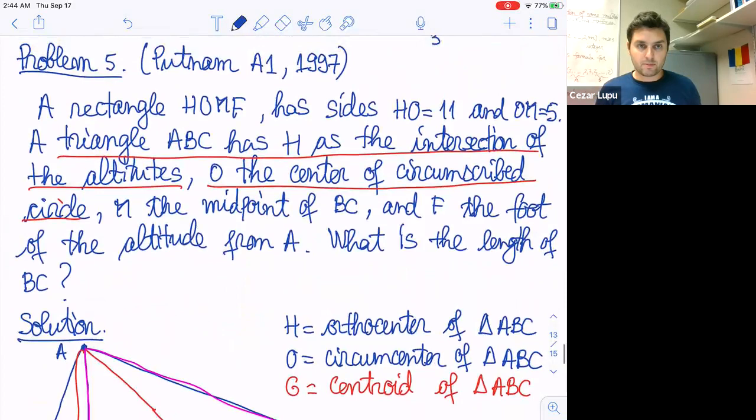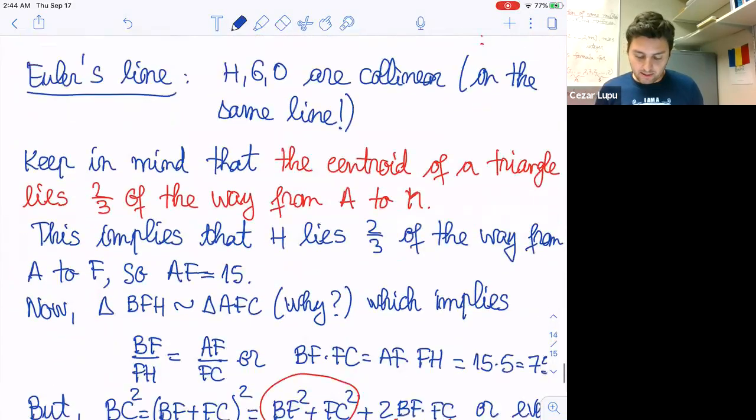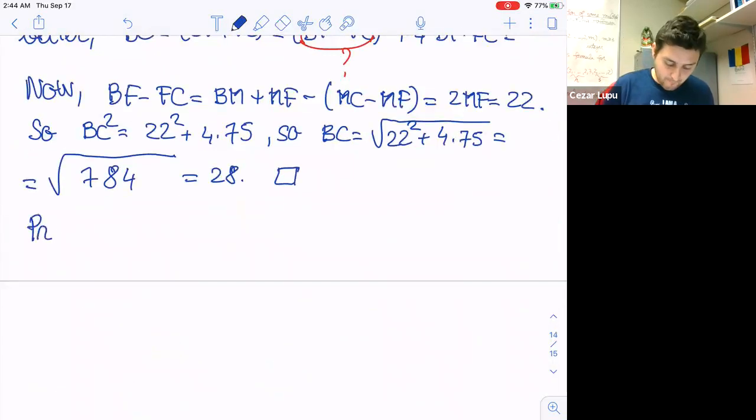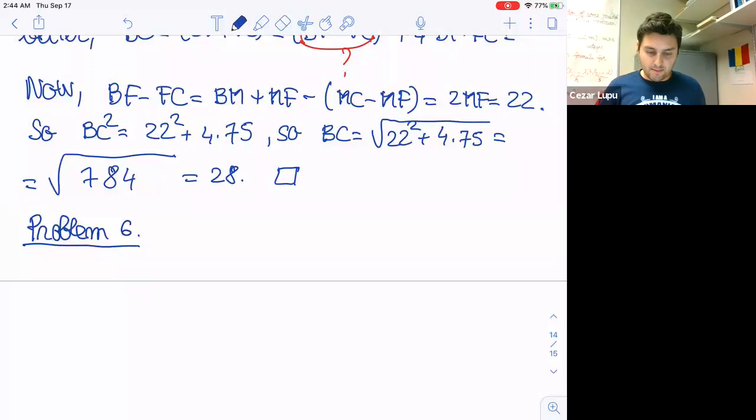All right, now we're going to do problem 6. This is a bit difficult, but it's a much nicer problem. Well, problem 6 was in fact a Putnam A6.